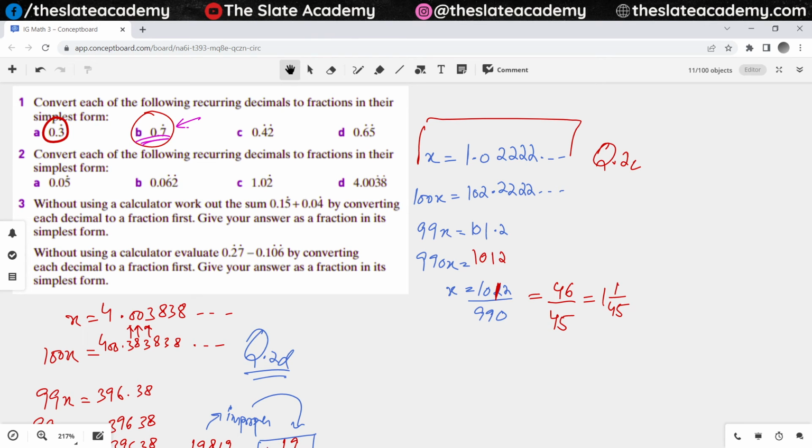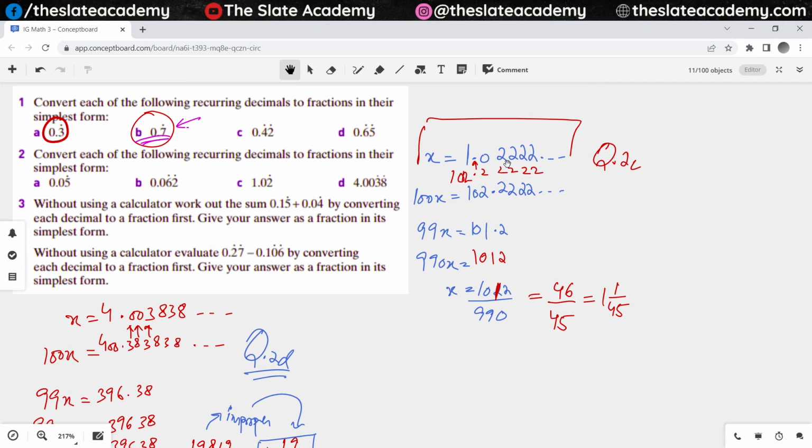So the first equation is we write it as it is, 1.0 and then 2 recurring. Now we need an equation in such a way that from the second digit after the decimal there are just 2's. If I multiply both sides by 100, on the left I have 100x, on the right 102.2.